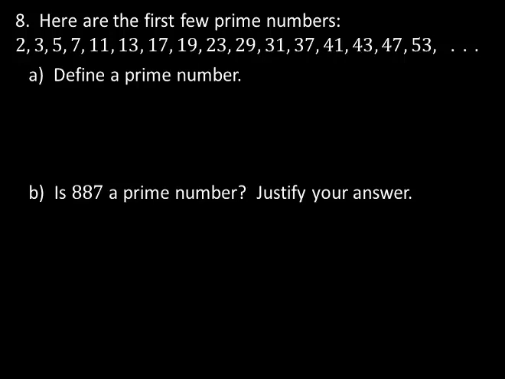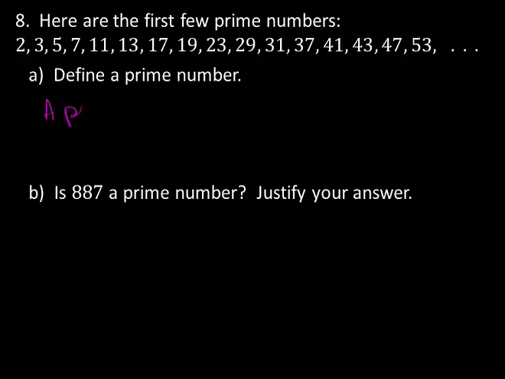Question 8 is about the prime numbers. Here are the first few prime numbers, and I give you a list up to 53. Define a prime number. Okay, you just write the definition.